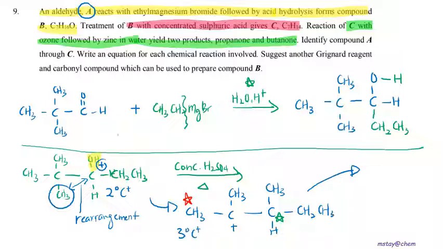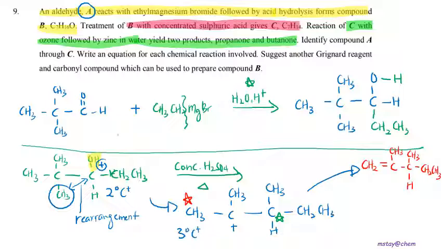If we remove the hydrogen from the left hand side here, the CH3 will become CH2, and then we will have a double bond, CH3, CH3, maintain the hydrogen, and here will be CH2, CH3.